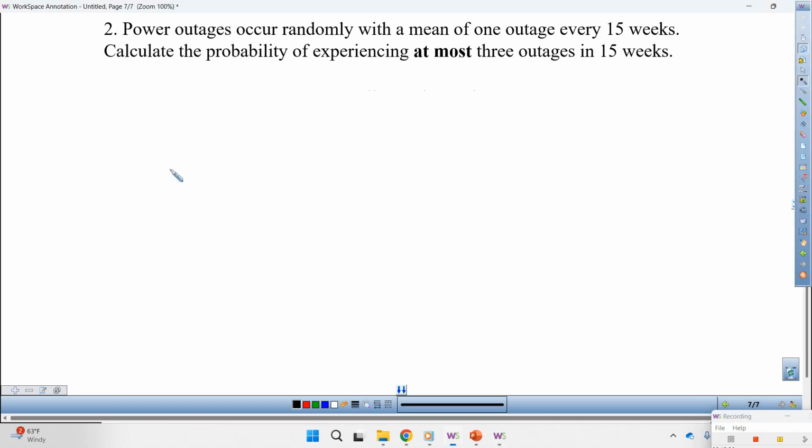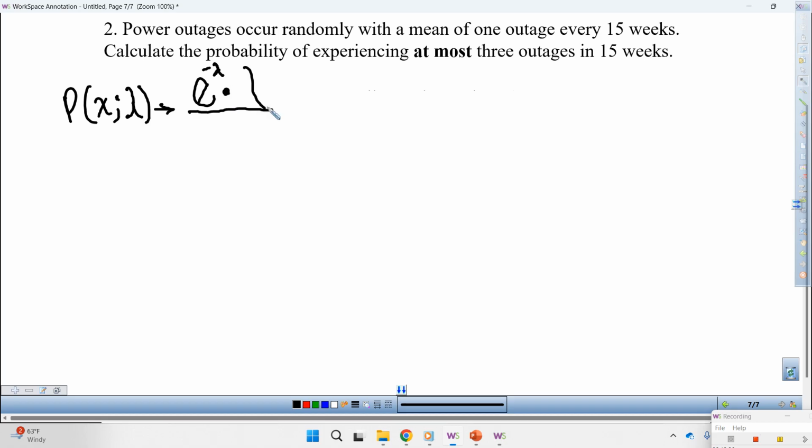So let's write our formula for Poisson. P of X, semicolon, lambda, and that gives us e to the negative lambda exponent times lambda to the x exponent over x factorial.